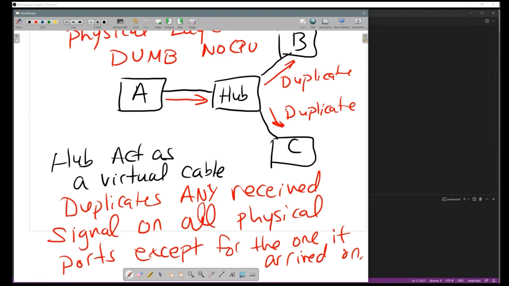If A sends a signal, that signal is duplicated to both B and C. And if B sent a signal to the hub, that message is delivered both to A and C.